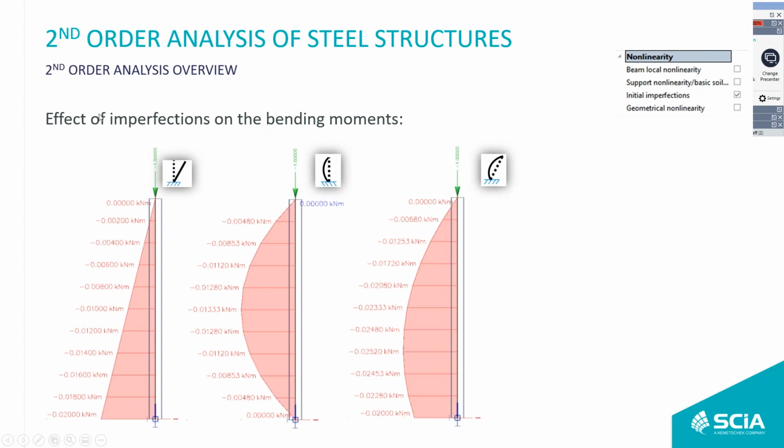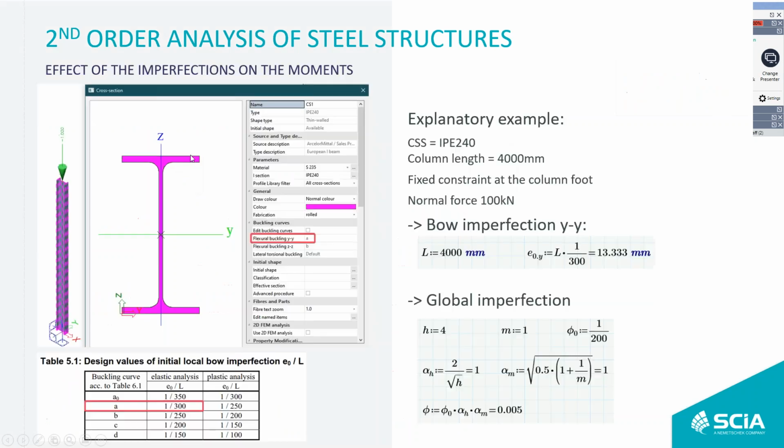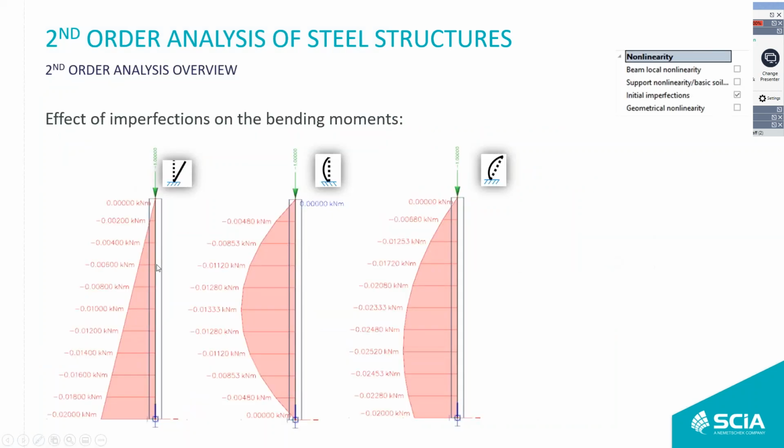This is just an example to give you an idea how it works in the background. So the effect of the imperfections on the bending moments can be seen right here. Due to the fact that you've added an inclination of 0.005, which is in fact 20 millimeters eccentricity, and the bow imperfection of 13.33 millimeters, you will get extra moments. That's what you see right here.